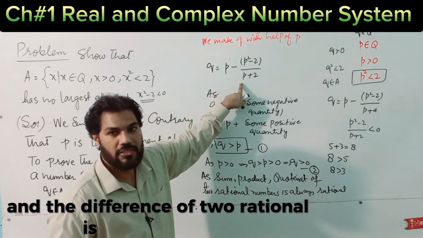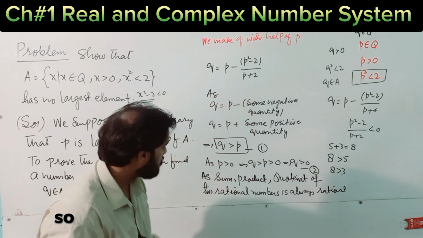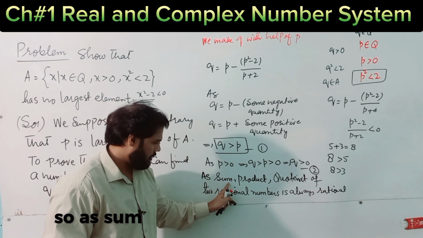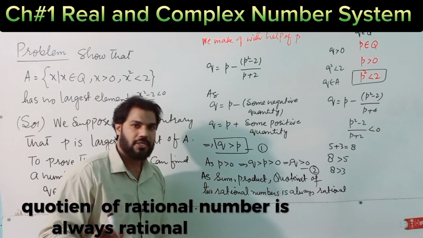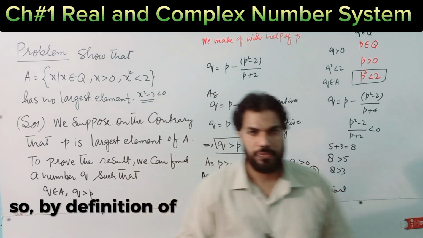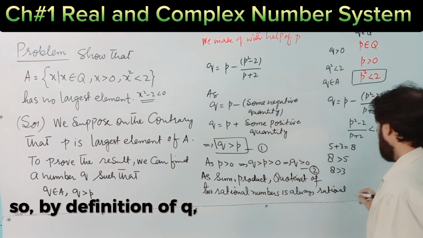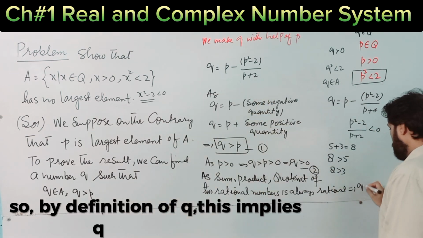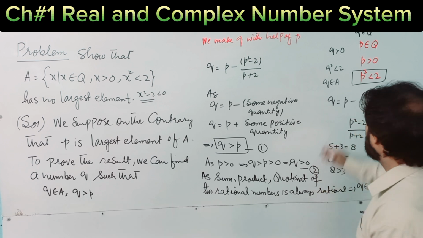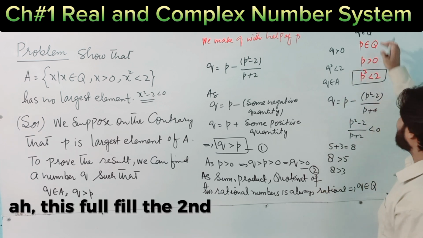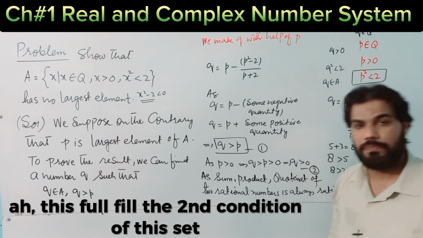And the difference of two rationals is always rational. So as sum or difference, product or quotient of rational numbers is always a rational number, by definition of q, this implies q belongs to Q. This fulfills the second condition of this set, q is a rational number.